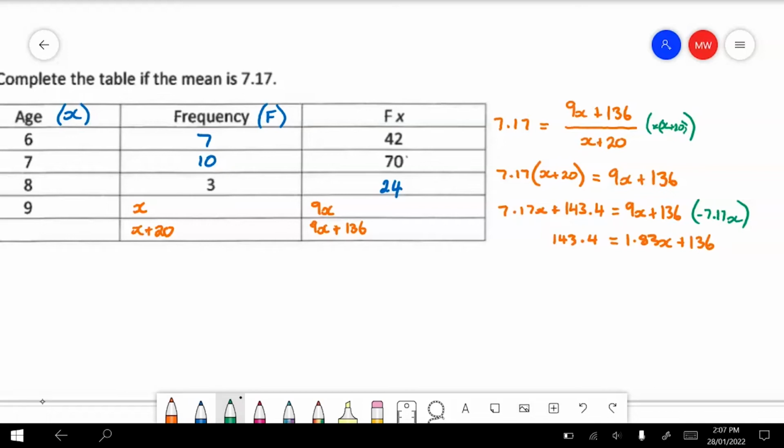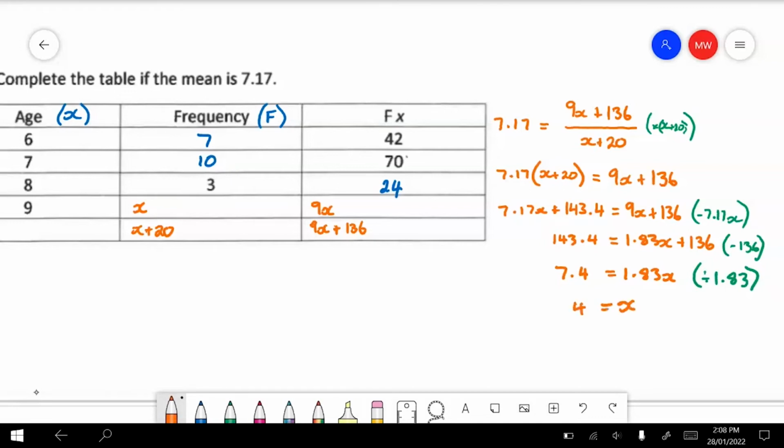Now I will subtract 136 from both sides, and I'll end up with 7.4 being equal to 1.83 x's. Finally, I'll divide by 1.83 on both sides, and I will find out that 4 is equal to x.